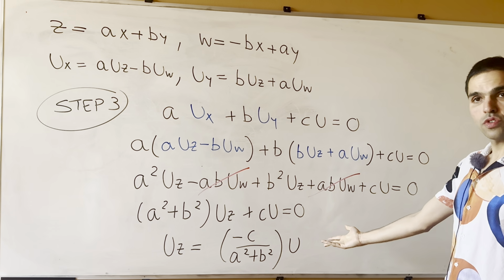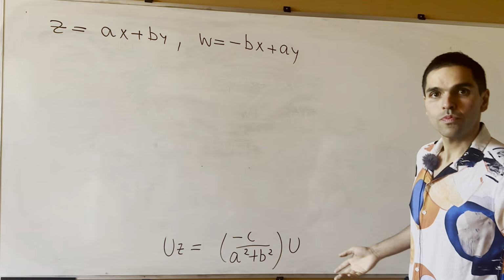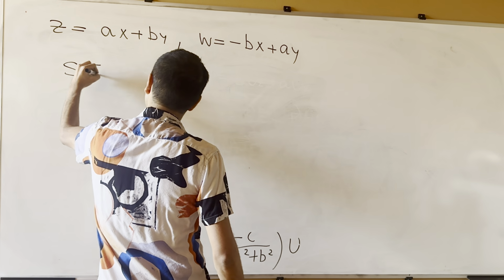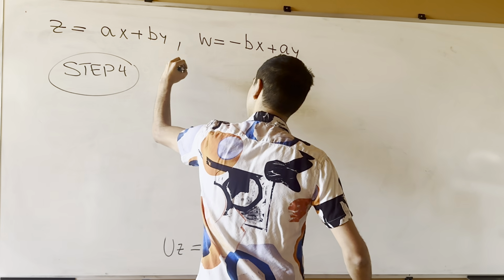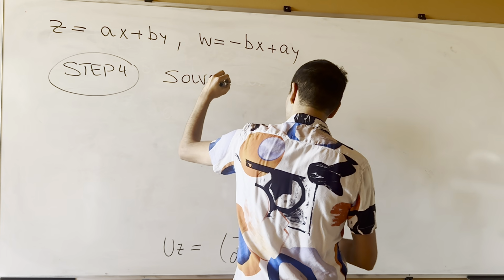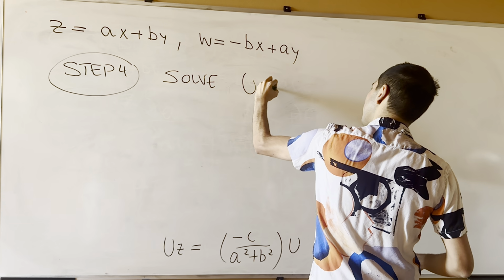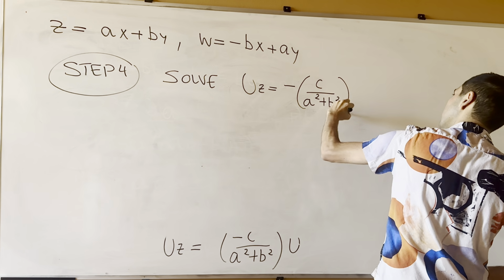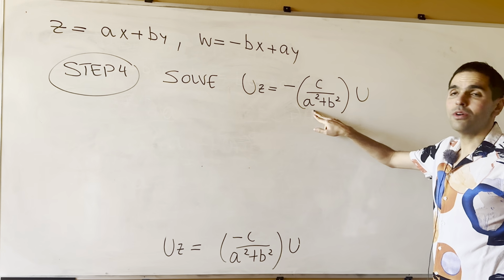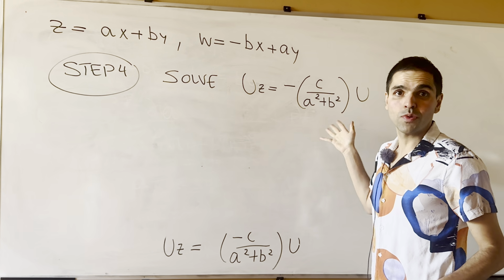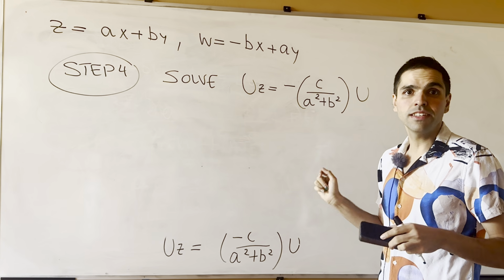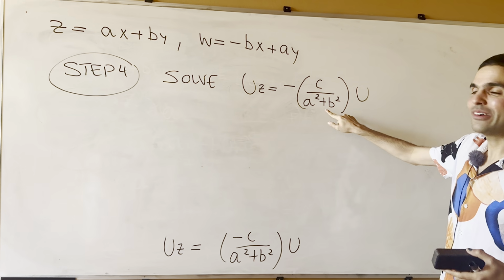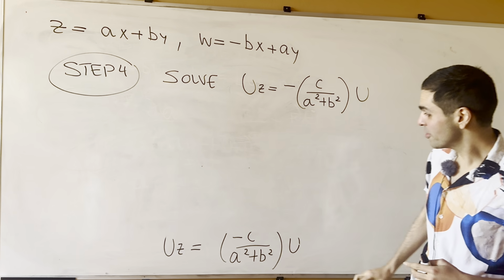And now let's just solve this ODE. So now the last step is to solve this. So I believe step 4. So solve this ODE. U_Z is -C over (A² + B²) times U. And by the way, I do want to mention, if A² + B² is 0, then both A and B are 0, and the PDE isn't very interesting. So it's kind of okay to divide here by A² + B².